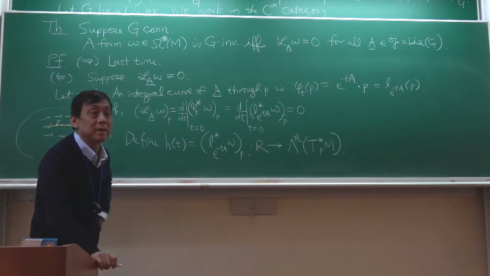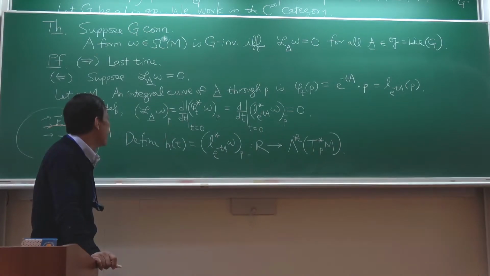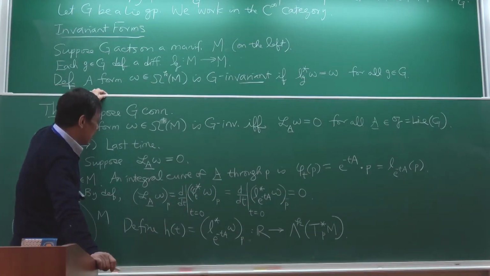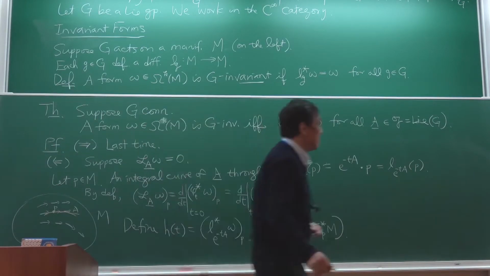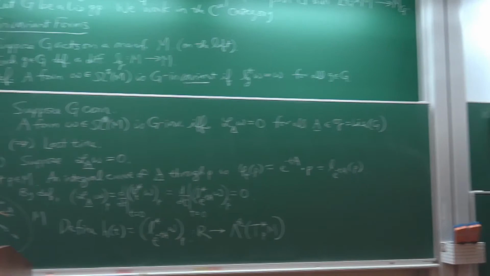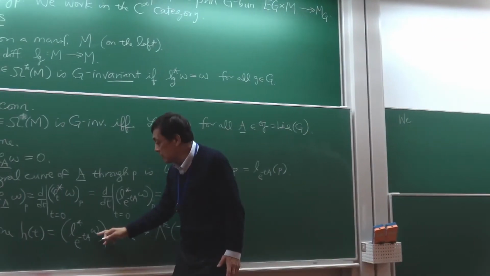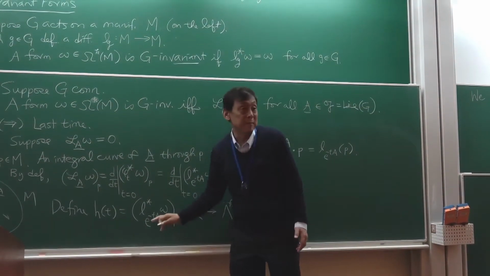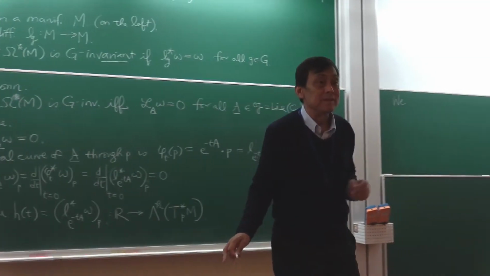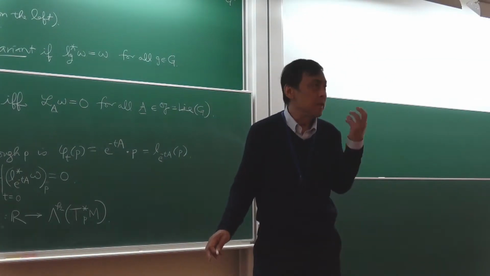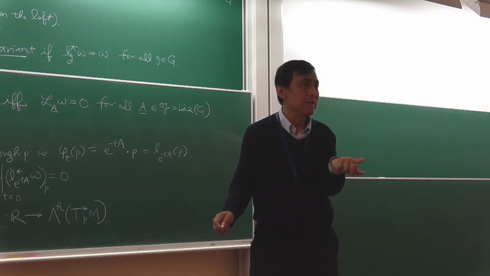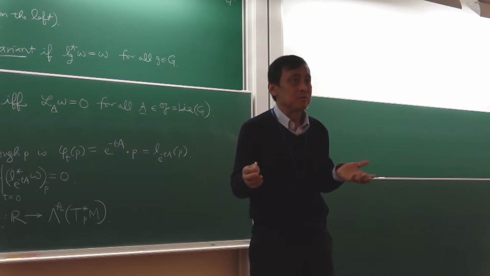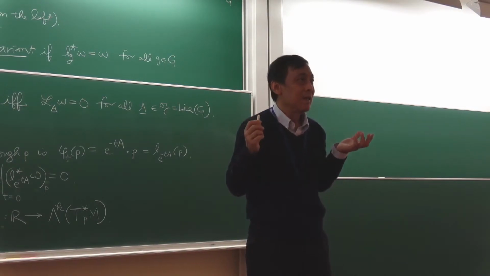It's a finite dimensional vector space. Okay? And so what we want to show is that h is constant. Okay, that would prove that omega is left invariant under these group elements, under the exponential. But what can you say about a connected Lie group? There's a theorem about a connected topological group.